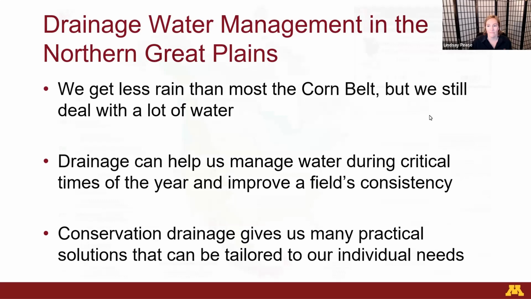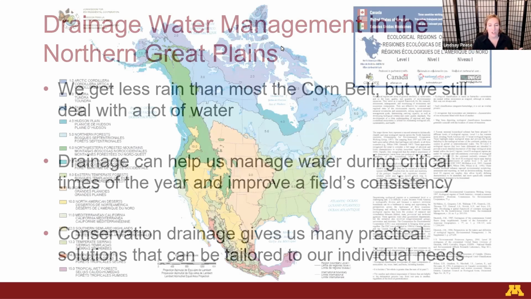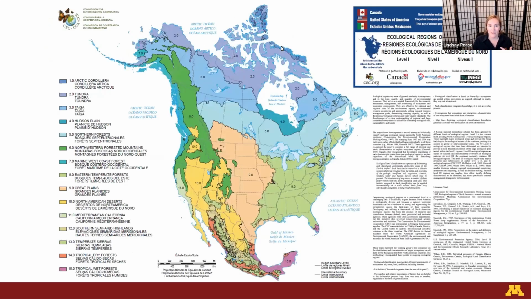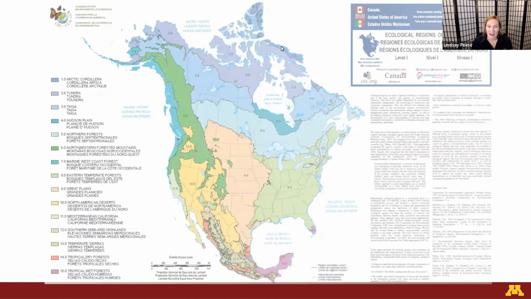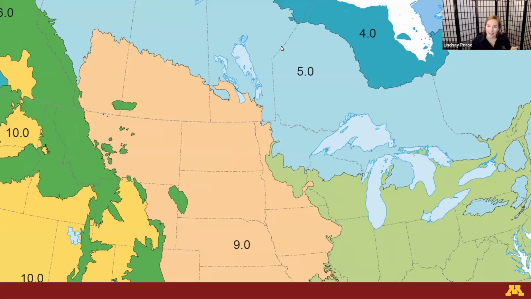So this is just a big map of ecoregions of North America. I like to look at this because it helps to show some of the similarities and the differences that we might have between our regions. If we zoom in a little bit to the Northern Great Plains region, the best I could figure on this map, you guys are located about there. Please give me a few inches or centimeters either way.